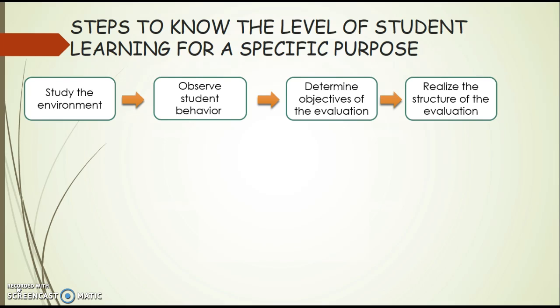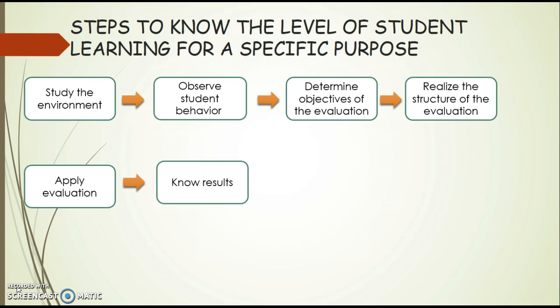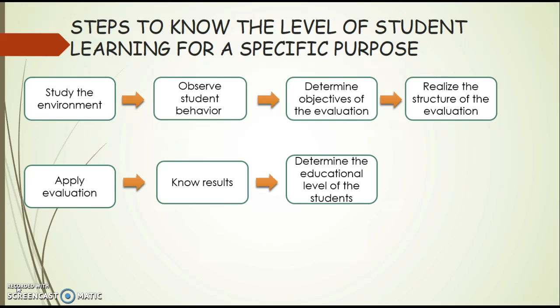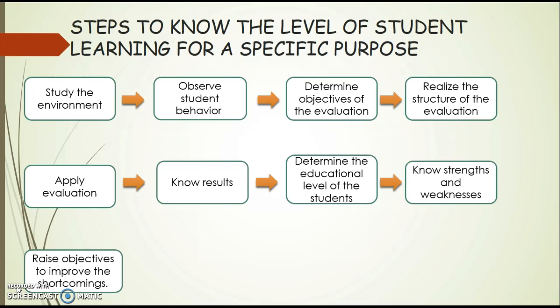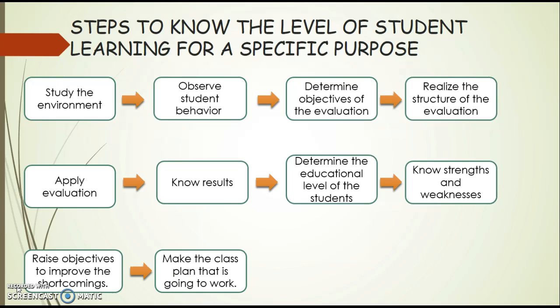You have to realize the structure of the evaluation, apply and know the results, determine the educational level of the students, and know the strengths and weaknesses of the students, raise objectives to improve the shortcomings, and finally make the class plan that is going to work.